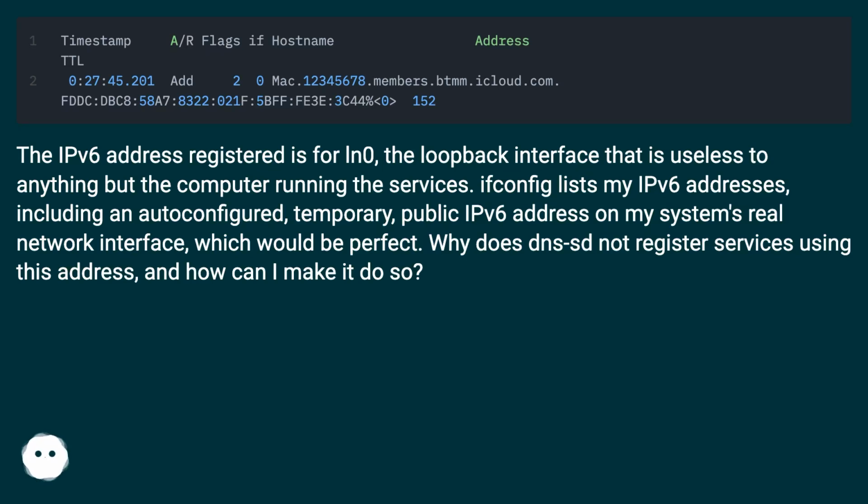Why does dns-sd not register services using this address, and how can I make it do so?